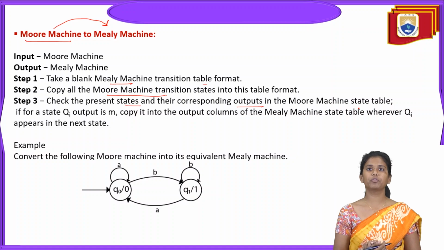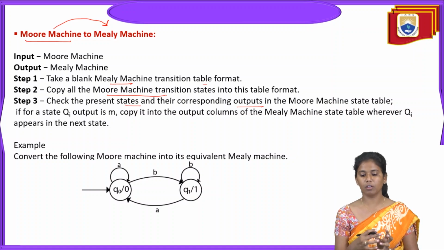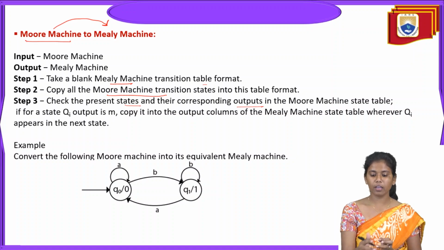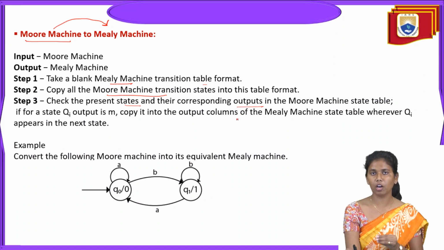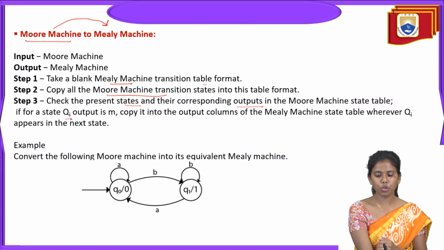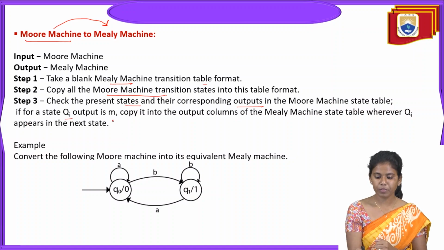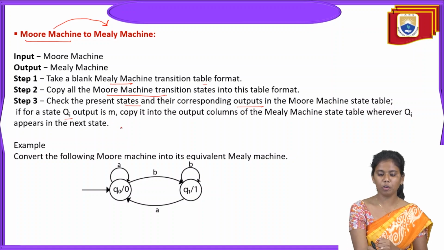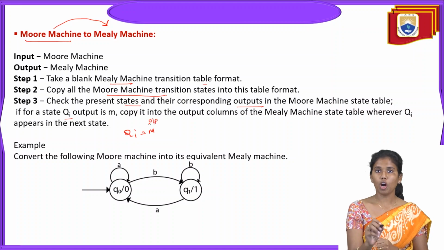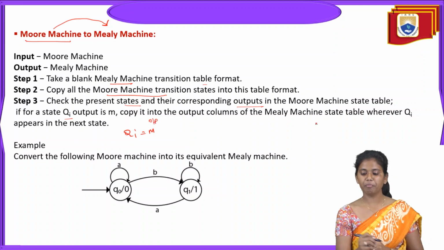So after copying the Moore transitions, we also need to check the corresponding outputs with respect to the inputs. Then, if for a state Qi the output is M, copy it into the output column of the Mealy machine.